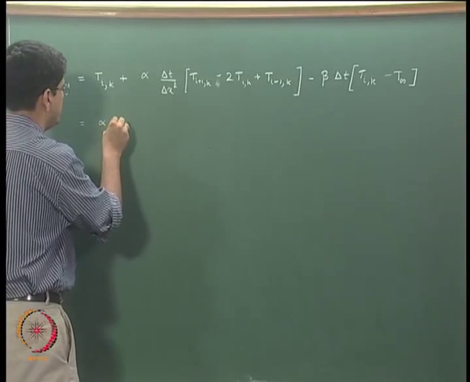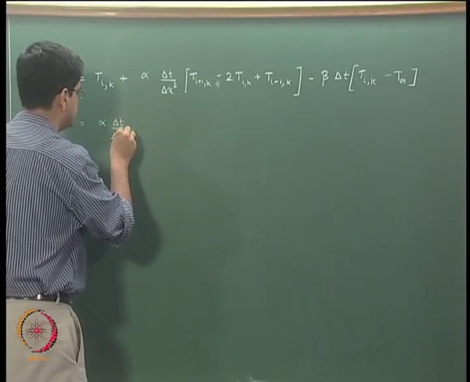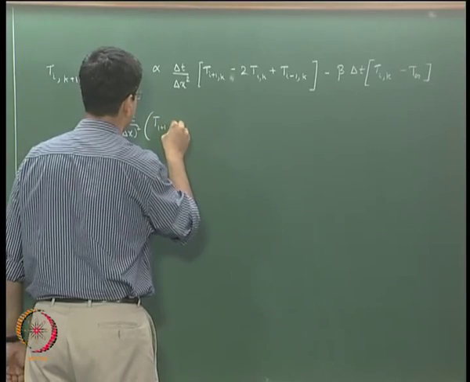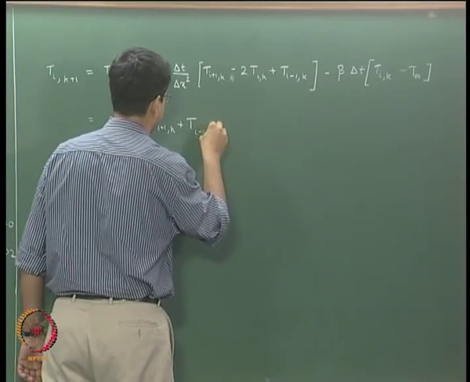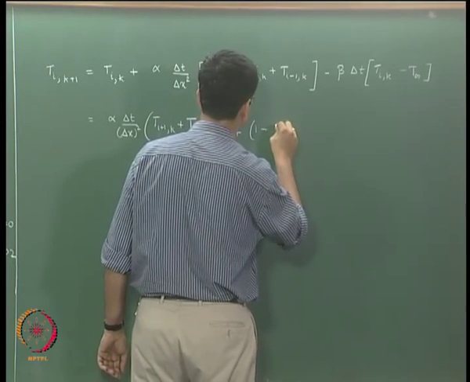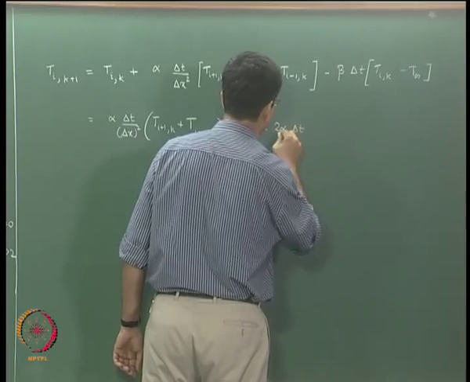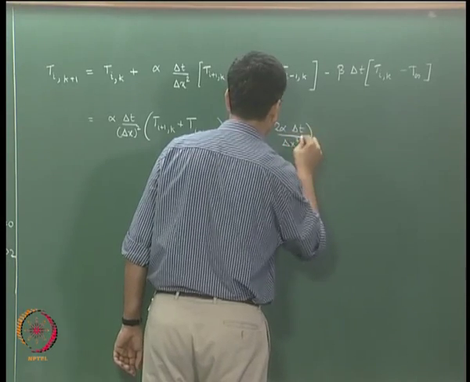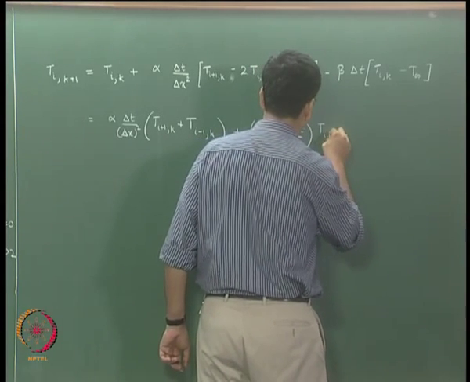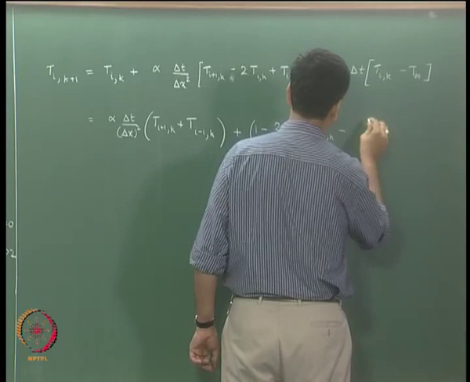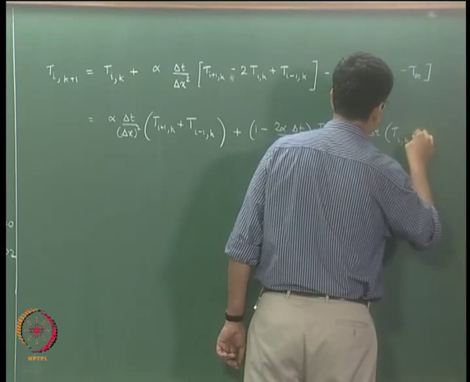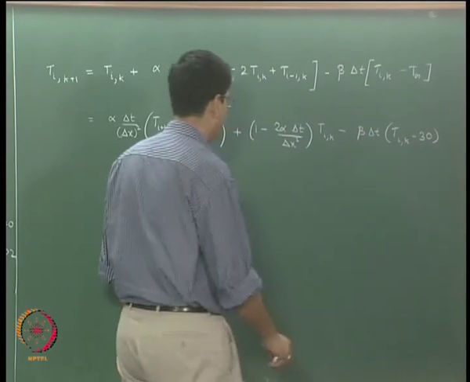So, we can have alpha delta t by delta x squared multiplied by Ti plus 1 comma k plus Ti minus 1 comma k, plus 1 minus 2 alpha delta t by delta x squared, okay, this multiplied by Ti comma k, minus beta delta t times Ti comma k minus 30, which was the value of T infinity.